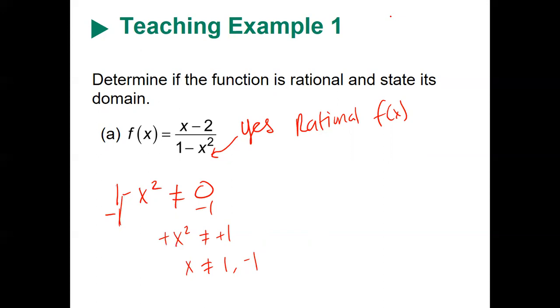And we're going to write that in a more mathematical way. We're going to write it in set notation and in interval notation. So in set notation, we're saying that our domain is, I'm bad at drawing brackets, so we're going to pretend that's the world's best bracket you've ever seen.